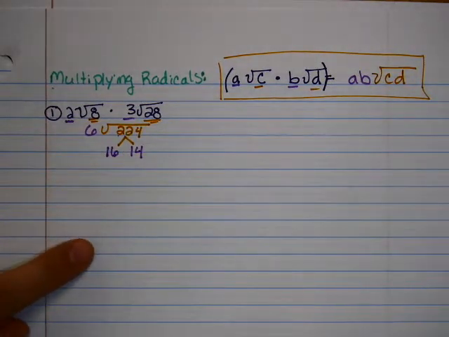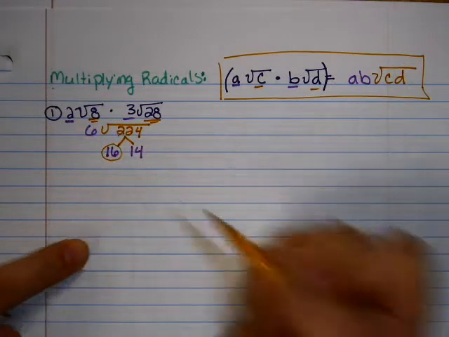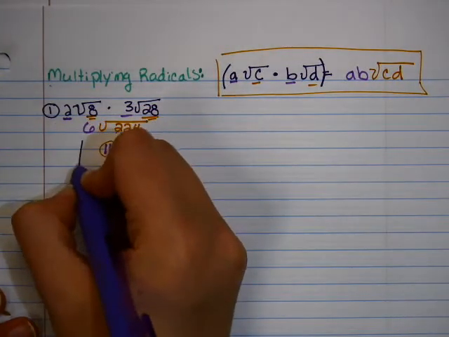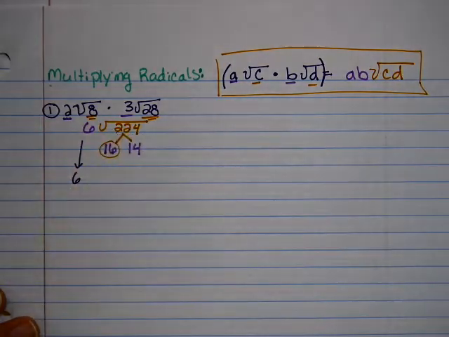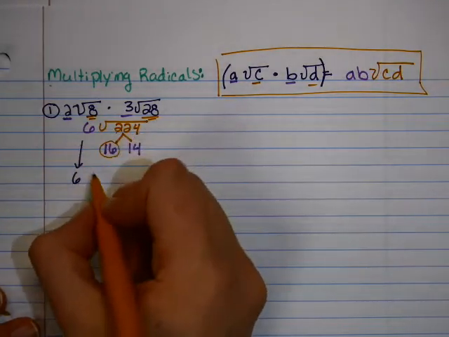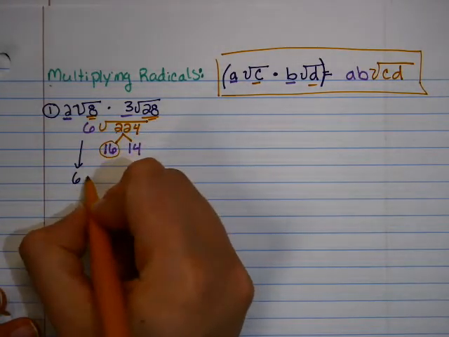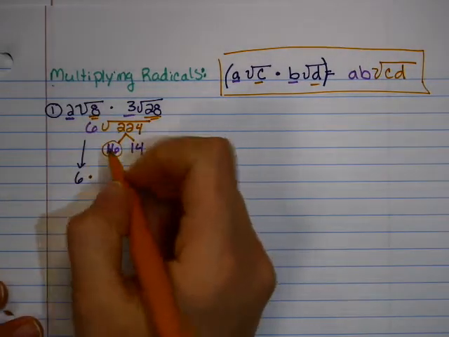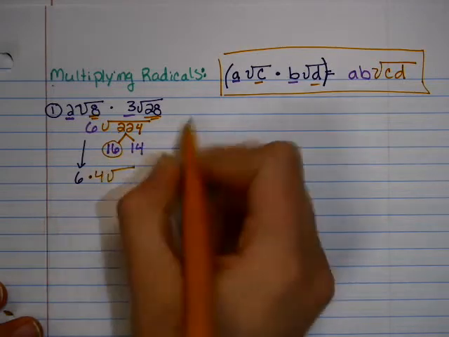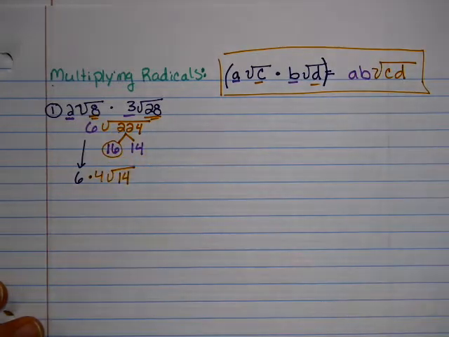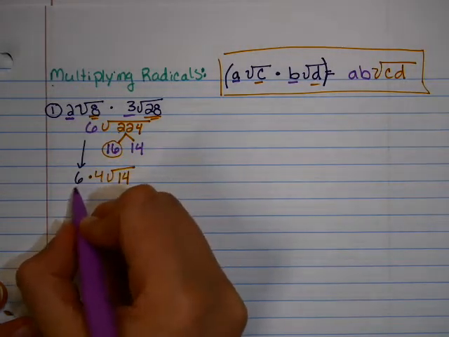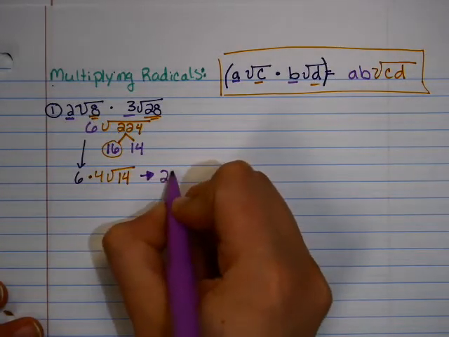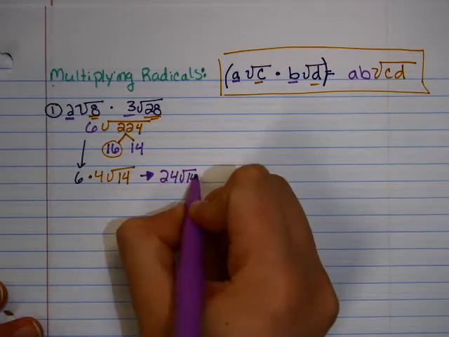So here's my perfect square, which is the 16. And then we simplify. Okay, so now we bring down our product, the 6, and then we take times the square root of 16, which is 4. And we leave the square root of 14 underneath. And my final answer would be 24 square roots of 14.